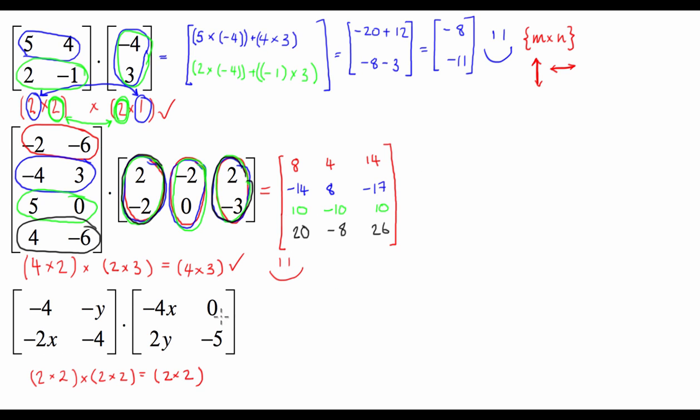Okay, so finally, onto this one here, which is a bit of a curveball because it has some algebraic terms in it. But overall, shouldn't be too hard. We're just going to go through it nice and slowly. So first things first, we're going to get our first row and times by our first column.